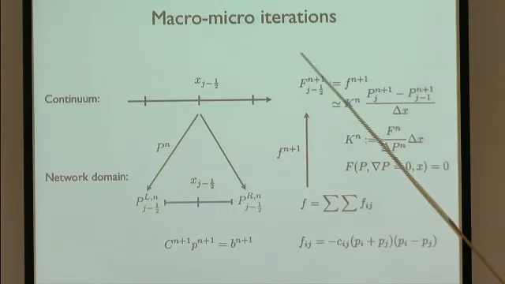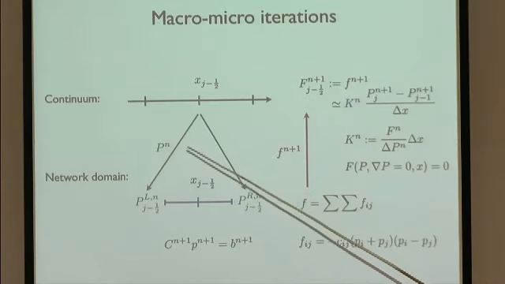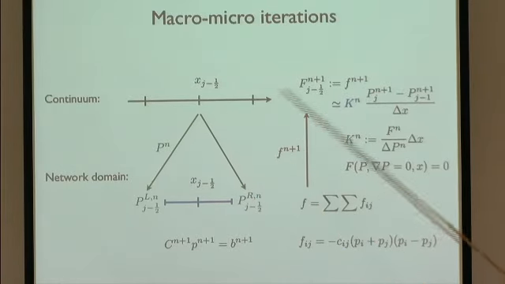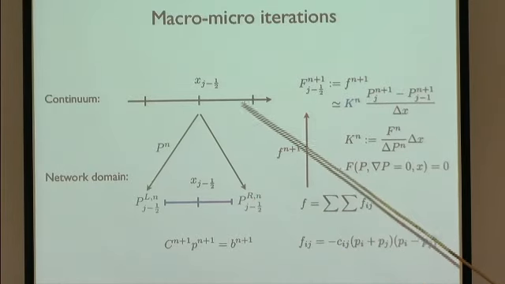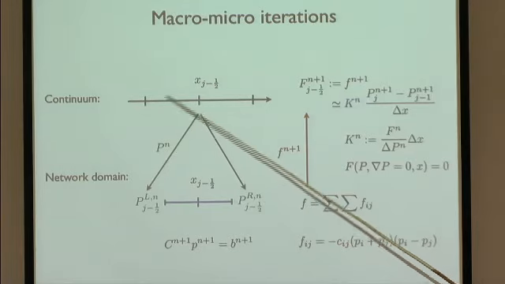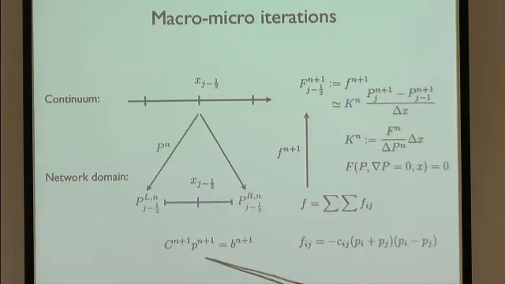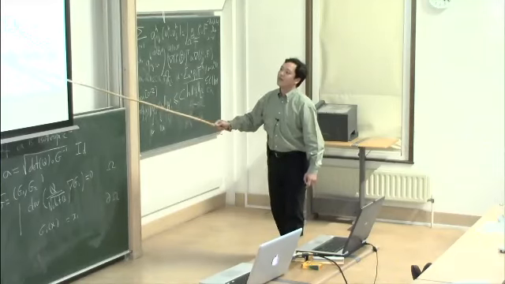And what do I mean by these kind of iterations? I'm going to come up with an initial guess for pressures at my macroscopic discretization points. I'm going to linearly interpolate those values in order to create the boundary conditions for my network domain. And then I'm going to solve this network problem and then evaluate the flux. For example, this will be a nonlinear flux.